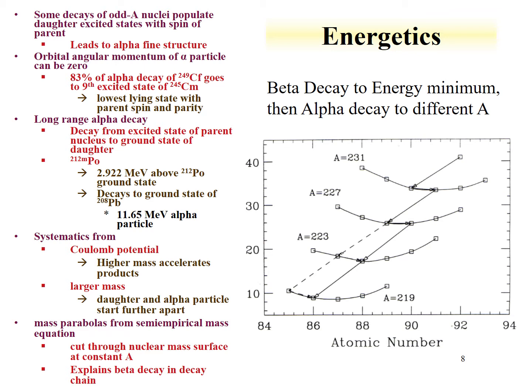One of the things that we can observe through alpha decay is some effects of the mass parabola from semi-empirical mass equations. And this example is shown here, where we can get alpha decay occurring accompanied by beta decay. So as we see, as an example here, we get a decay from a higher state through alpha, and we can observe beta decay because once the isotope is on this mass parabola, it can go to the lowest state.